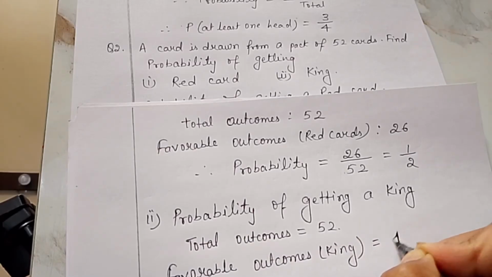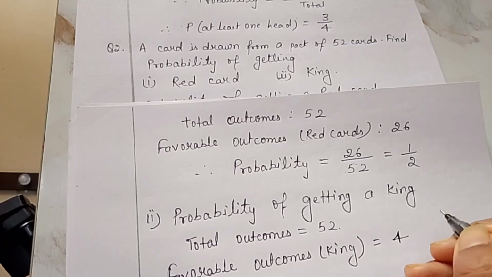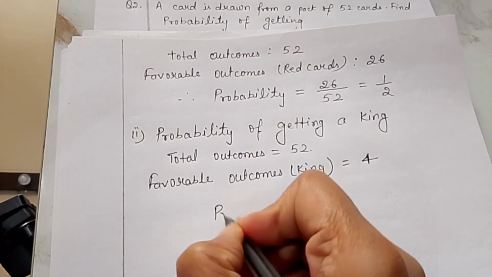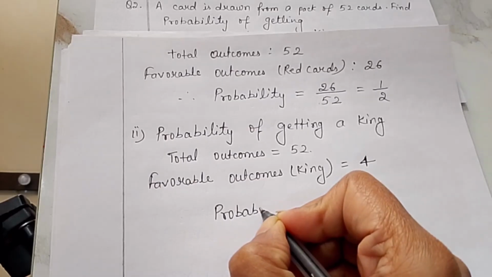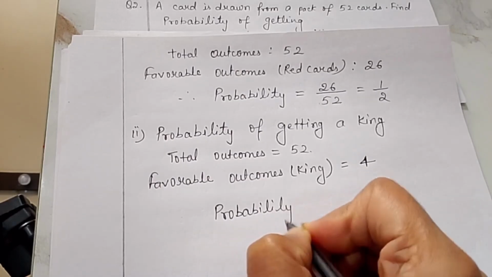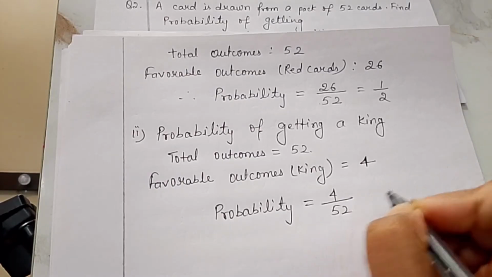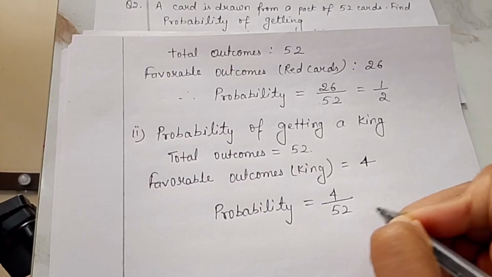King of hearts, diamonds, spades and clubs. Using the probability formula, probability is equal to 4 by 52. Then we simplify, we'll get 1 by 13.